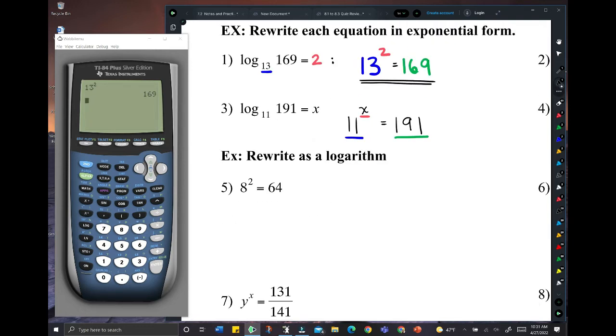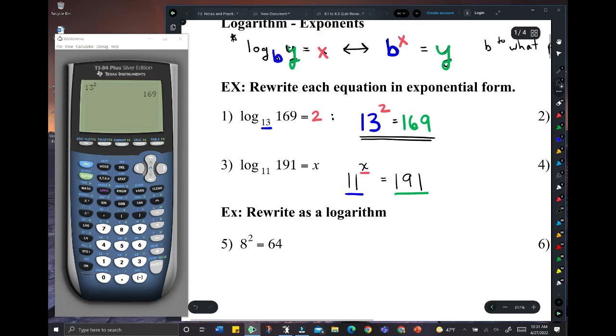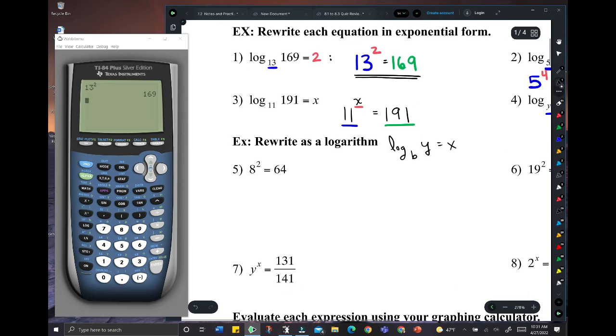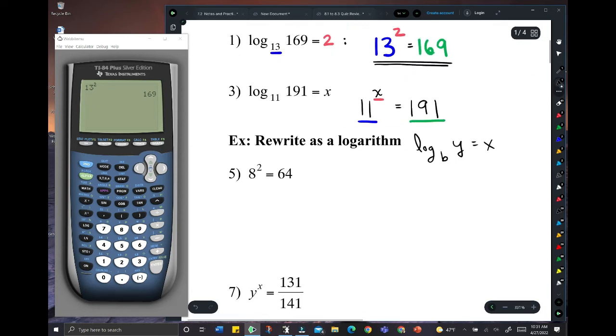Now, you can also go backwards, rewriting as a logarithm. It could be helpful if we just remember we're looking for log base b of y equals x. So just going backwards, again, let's highlight. What we know is 2 is going to be the x.